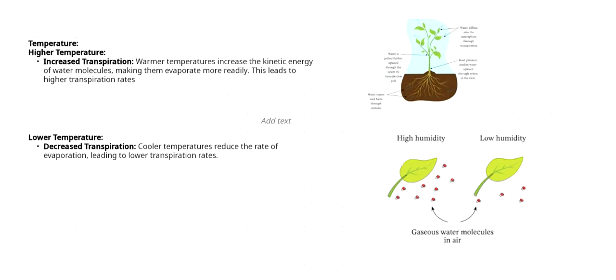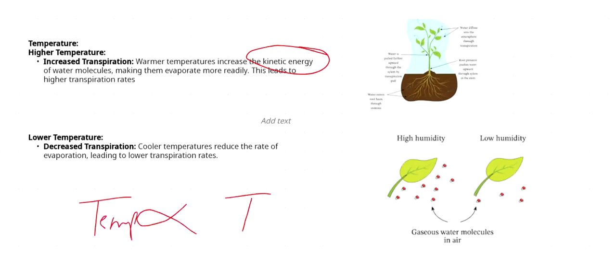When temperature increases, the water vapor molecules within the leaf gain more kinetic energy. They collide more, they move more, so they escape more from the leaf through the stomata. So high temperature causes a higher transpiration rate. Temperature is directly proportional to the transpiration rate.